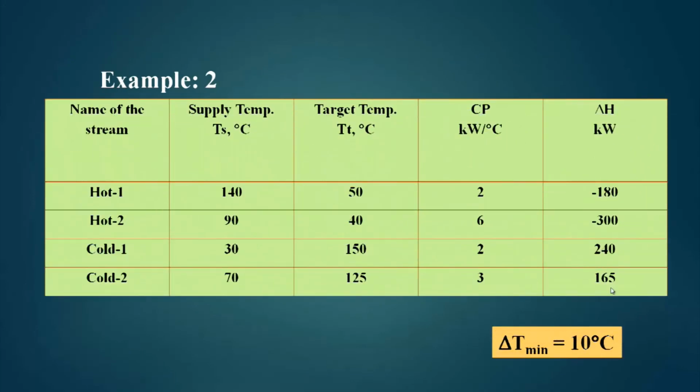So, we take a second example where there are two hot streams and two cold streams and delta T minimum is 10 degree centigrade.